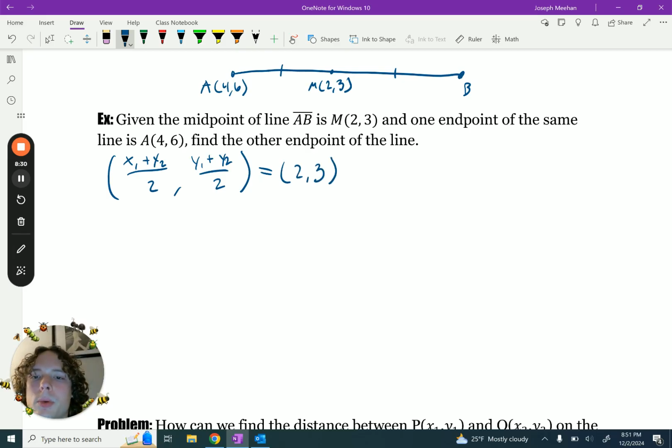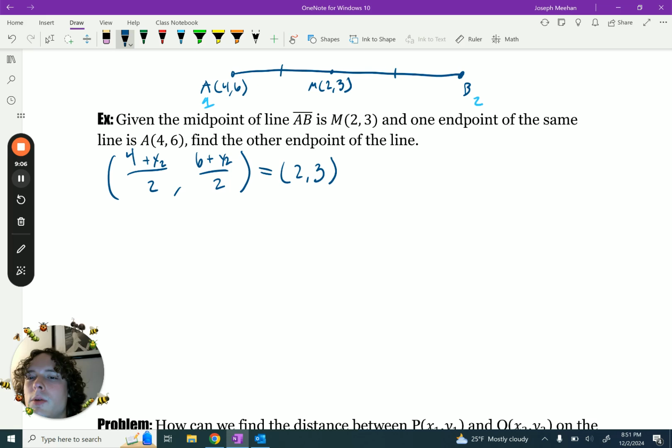So that entire midpoint formula is going to equal (2, 3) because the midpoint that they gave us is (2, 3). Now they gave us one endpoint here that we can use, and let's just say this endpoint is going to be endpoint number 1 and B can be endpoint number 2. So what we can do now is erase the x1 and the y1 and plug in our coordinates for point 1 or A, right, which would be 4 plus x2, and then it would be 6 plus y2, and those would both be divided by 2.